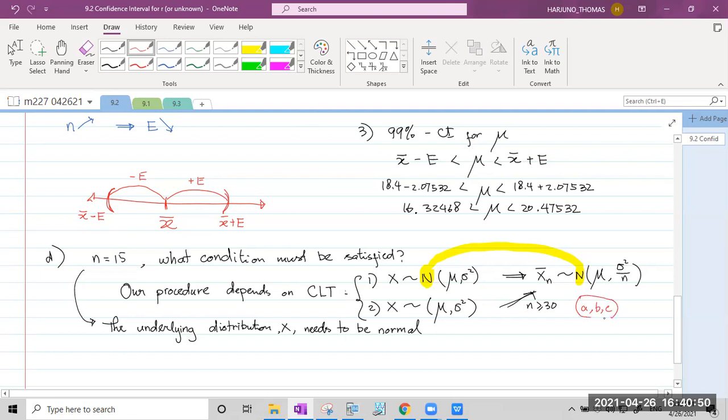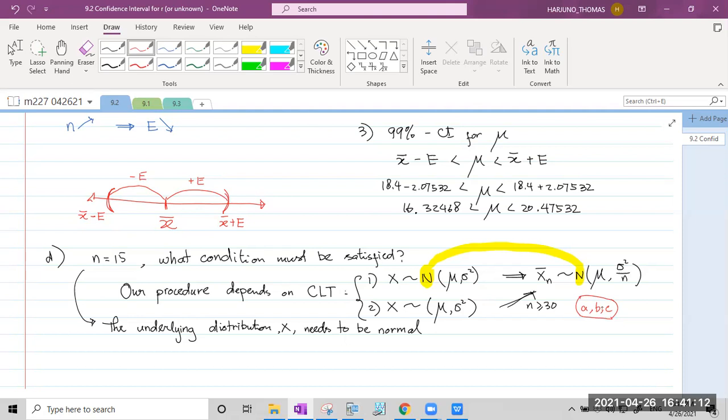For part A, B, C, the sample size is already at least 30, so we do not need the underlying distribution to be normal, even though that would be great. Now for part D, because the sample size is not at least 30, then we require the underlying distribution to be approximately normal.